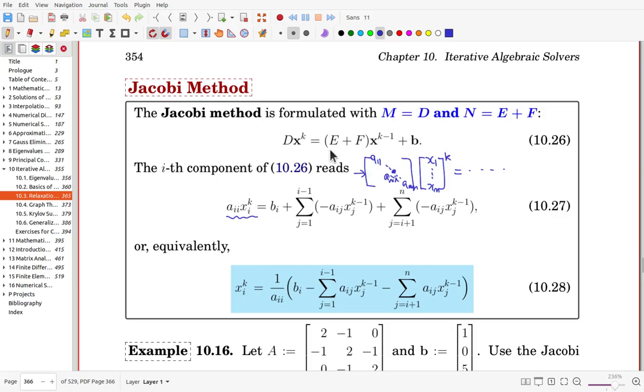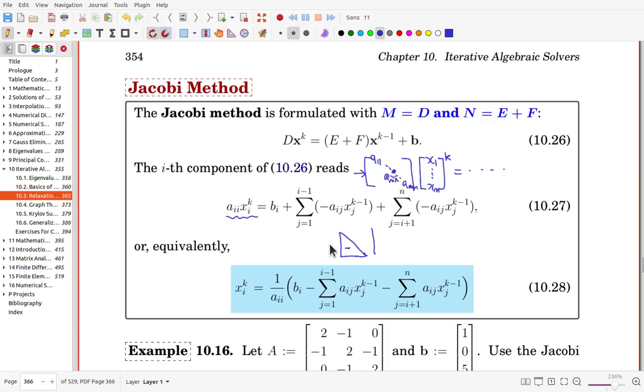Now from E x^(k-1): minus E is the lower portion, so E has a shape of strictly lower part. E is this lower part and negation of that. And then we have x^(k-1), this vector multiplication.